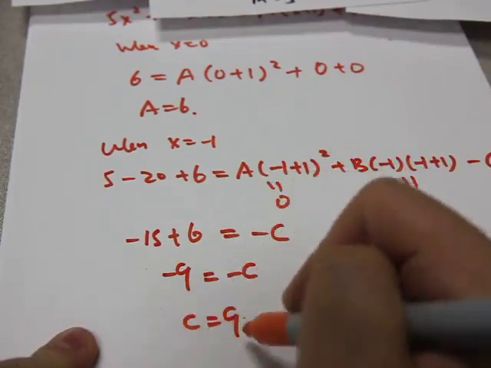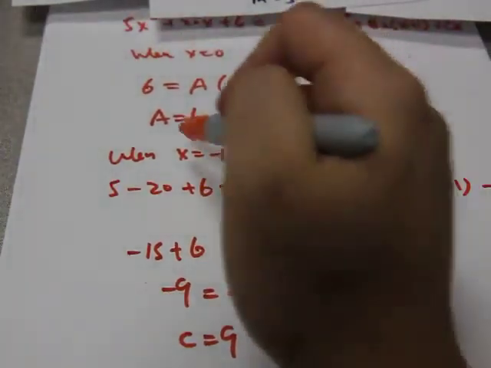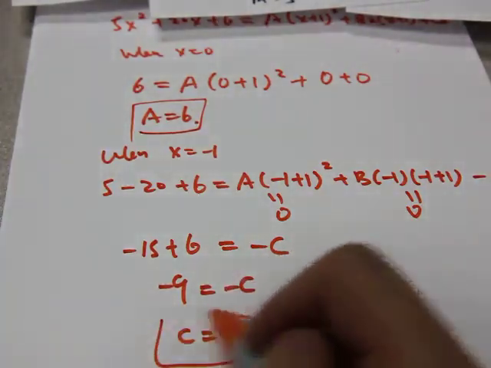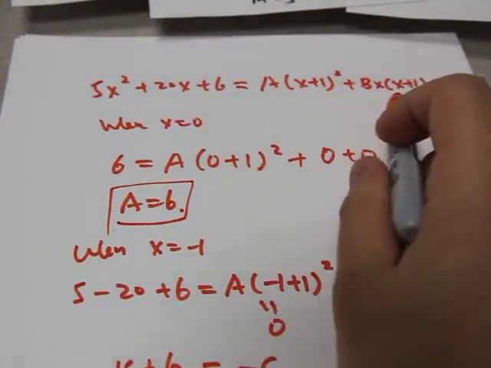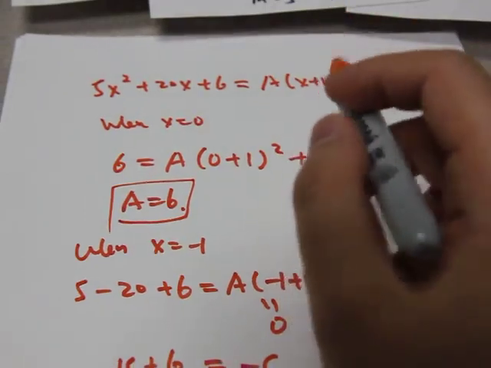So C equals 9. Okay, once you find A and C, you plug A and C back into this expression, and you can find B.